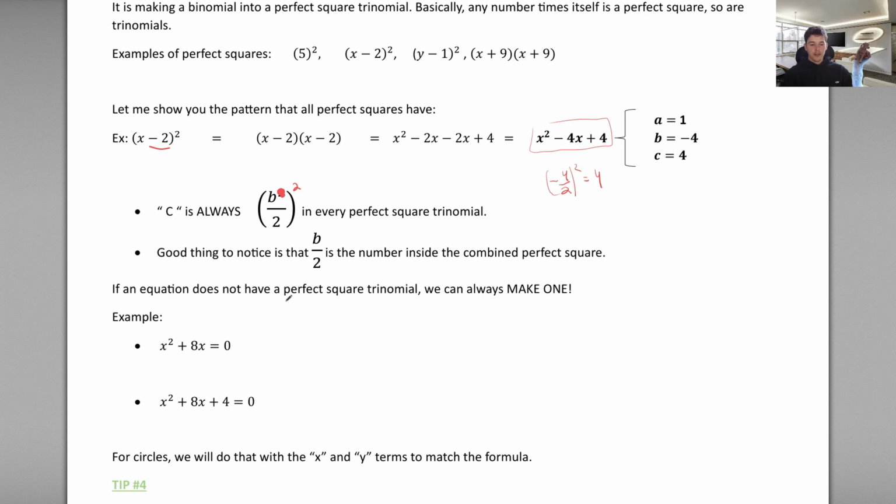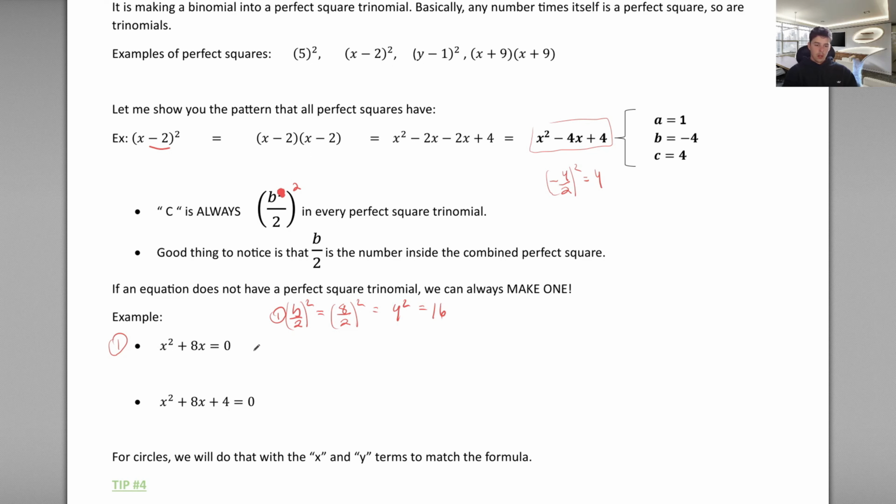So let's make some perfect squares here. Let's do this one, number 1. So first of all, b over 2 squared. What's the value of b here? 8. So that's 8 over 2 squared. That's equal to 4 squared, and that's equal to 16.